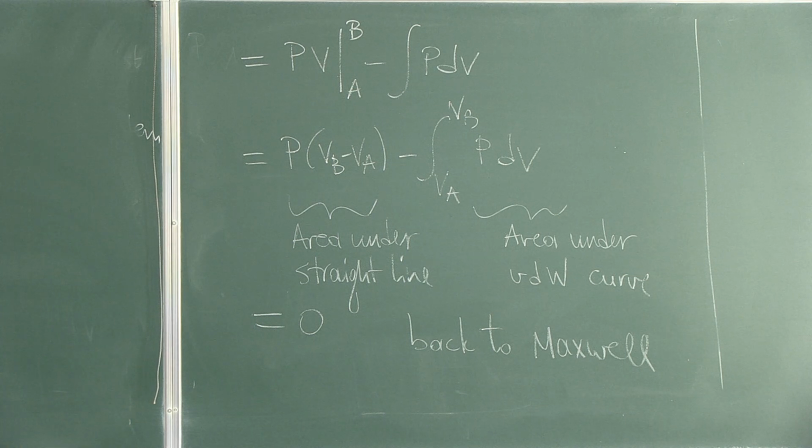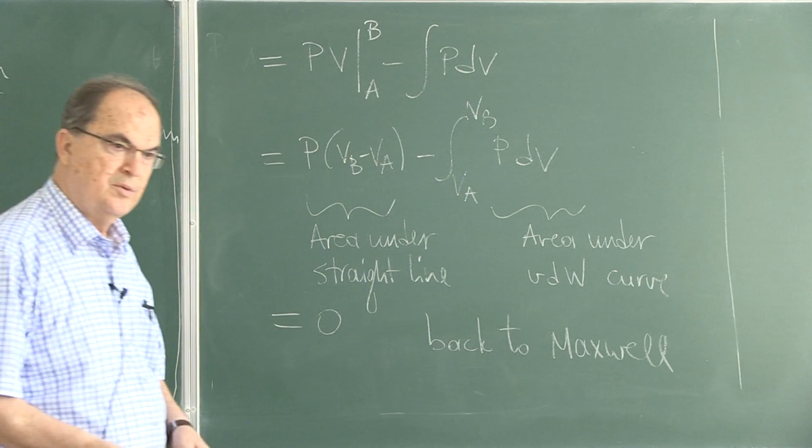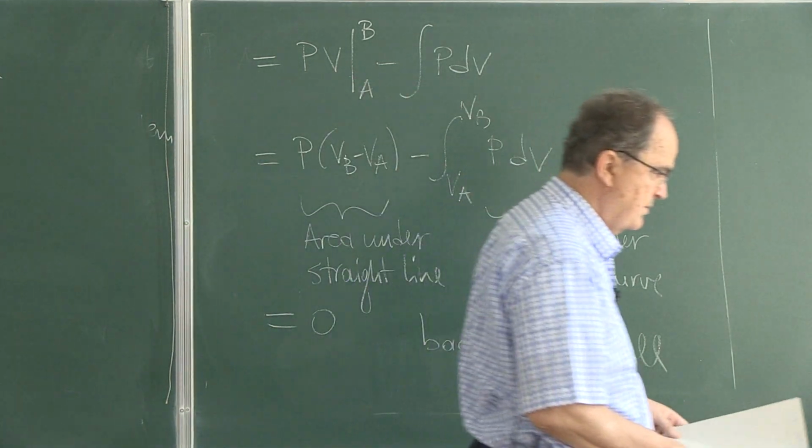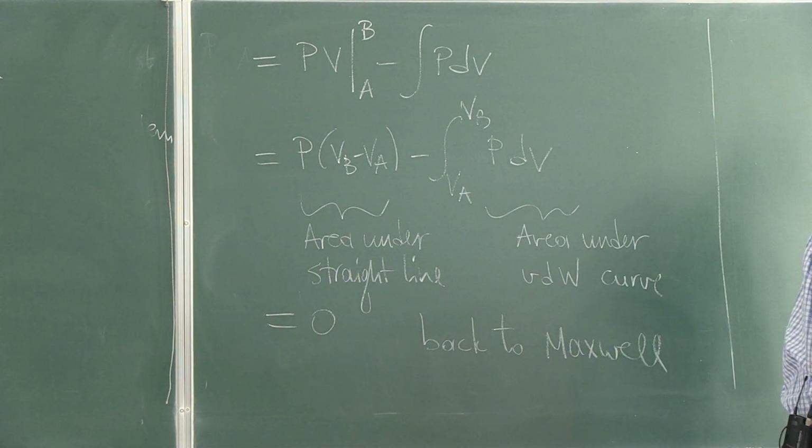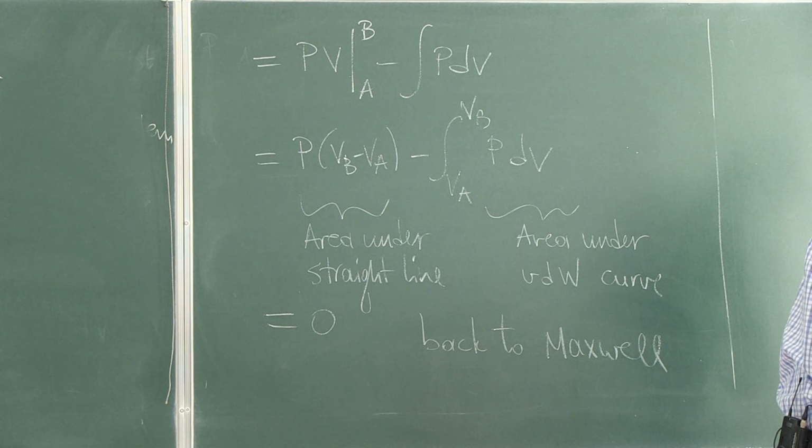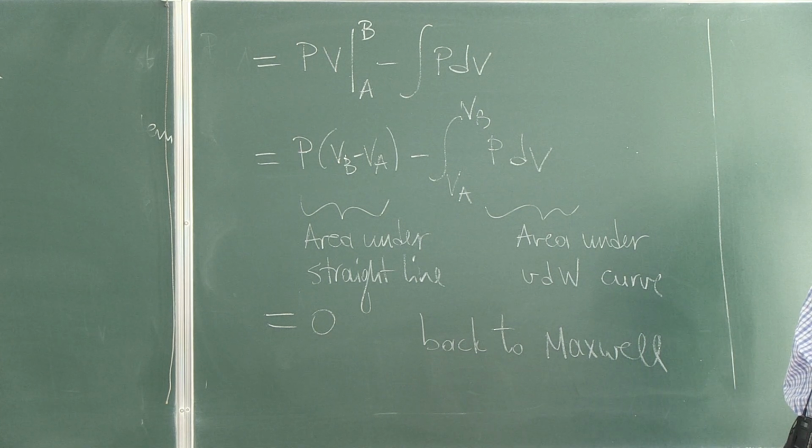The meaning of this, having two areas equal, is that we are equating the chemical potentials for two phases. There is a cusp in G, so the transition is first order, okay?